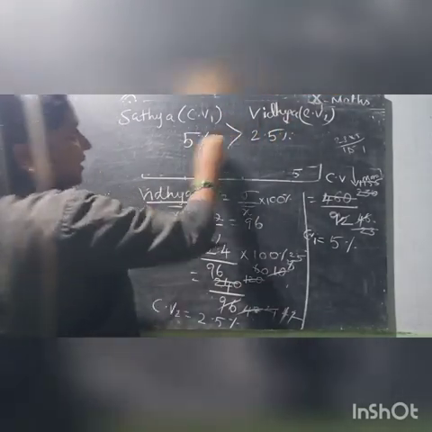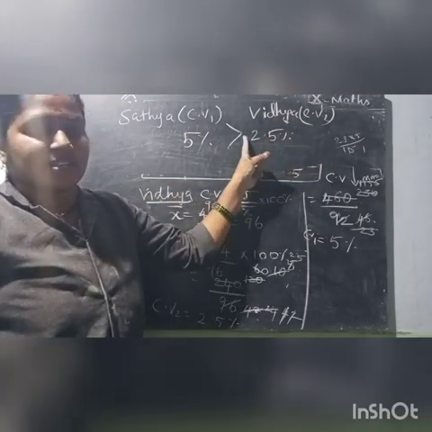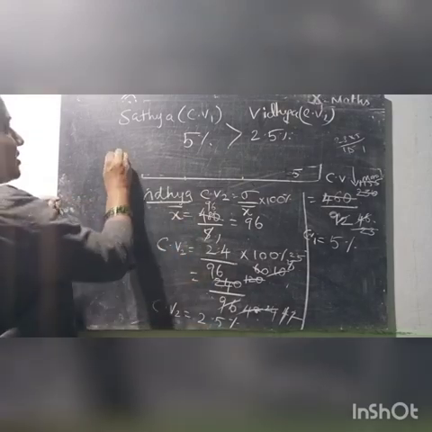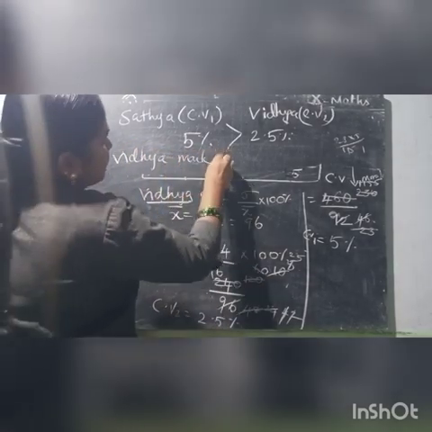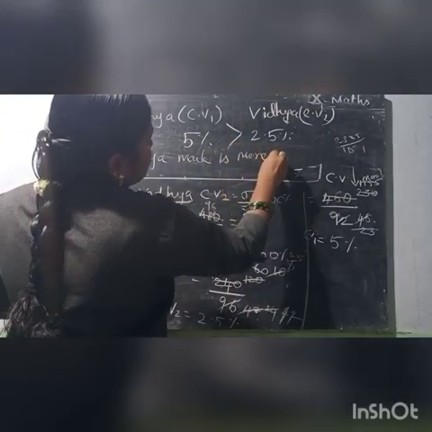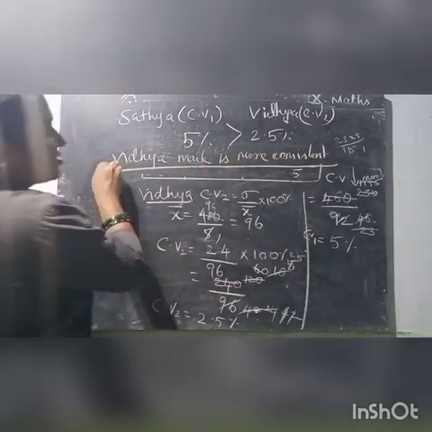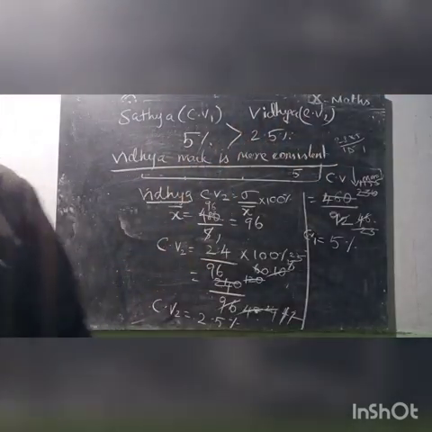See, this is greater. Vidya's value is lesser. So less variation means we can say that it is more consistent. So Vidya's mark is more consistent.